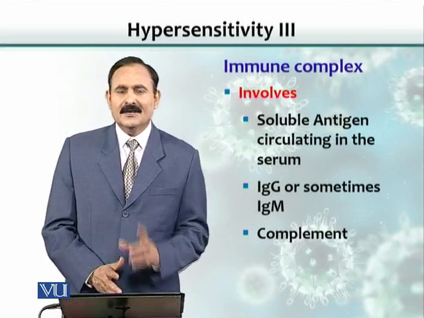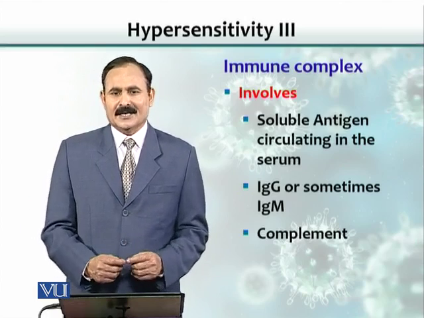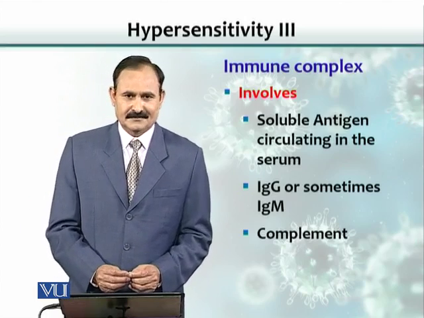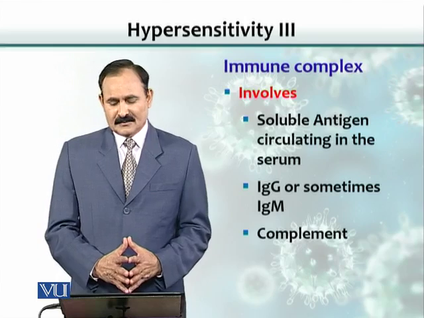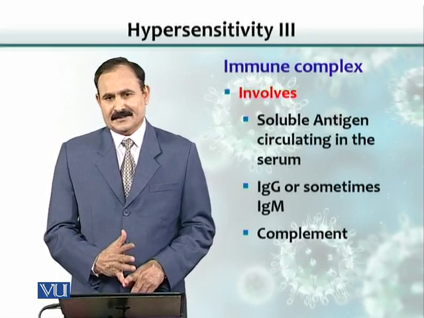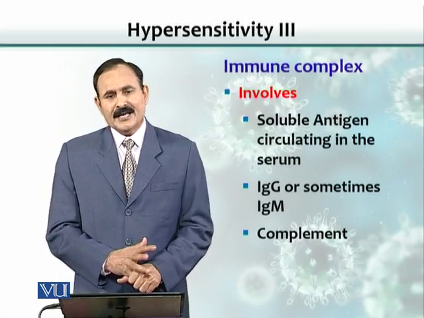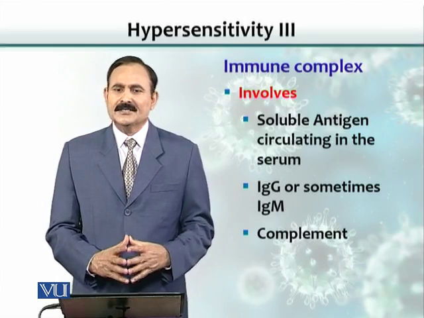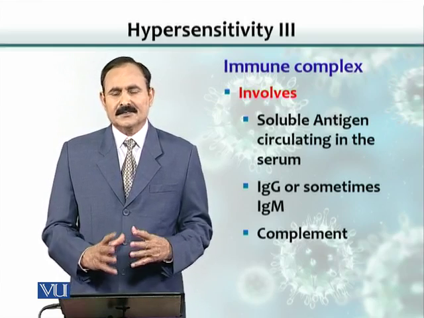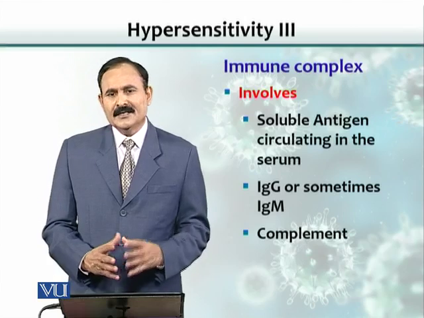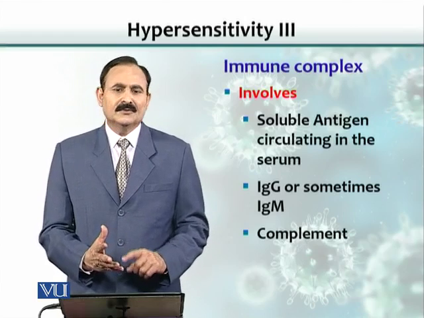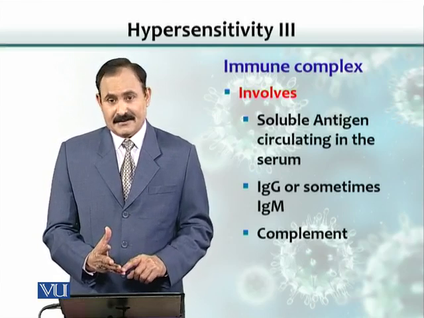The most abundant body fluid that keeps circulating all the time is the blood vascular system. So these immune complexes are formed inside the blood vascular system, where the antigen binds to either IgG or IgM or both.